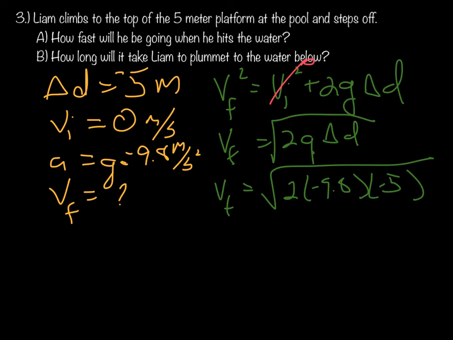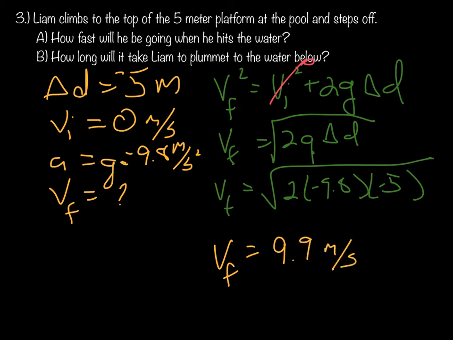And so you see why it's important that we recognize that it's a negative 5. Otherwise we'd be trying to take the square root of a negative, which we can't do. So let's plug this into our calculator. And we get an answer of Vf equals 9.9 meters per second.